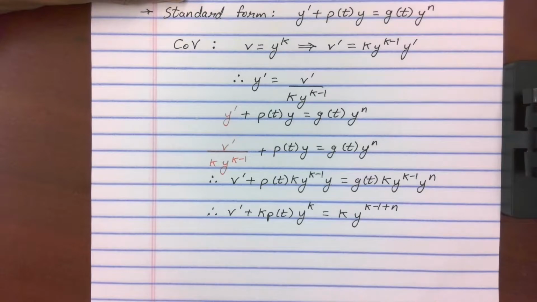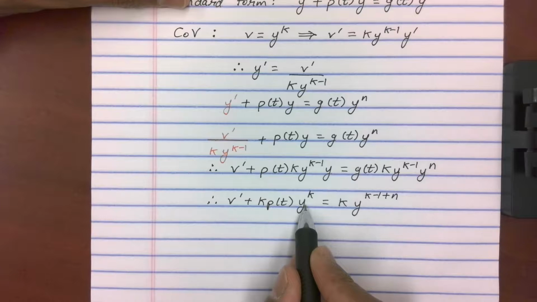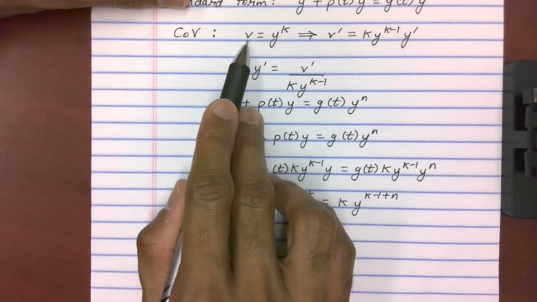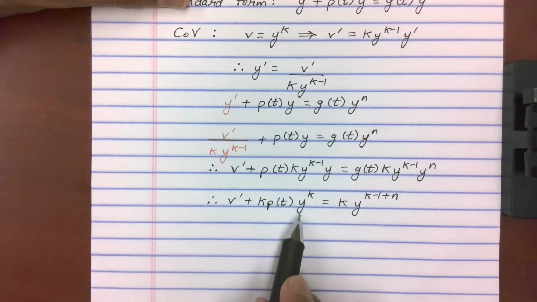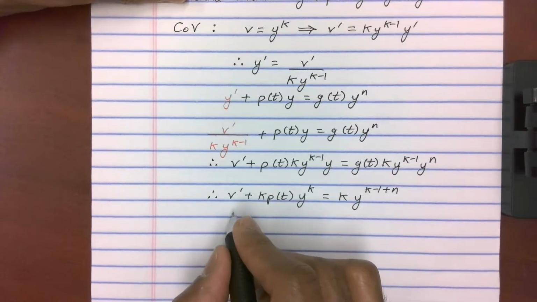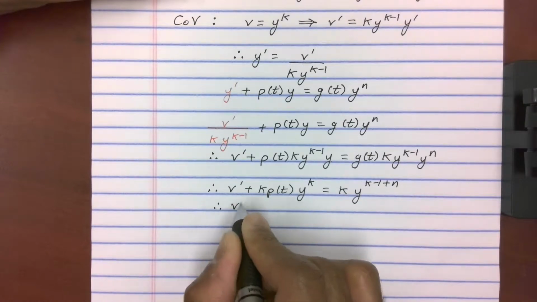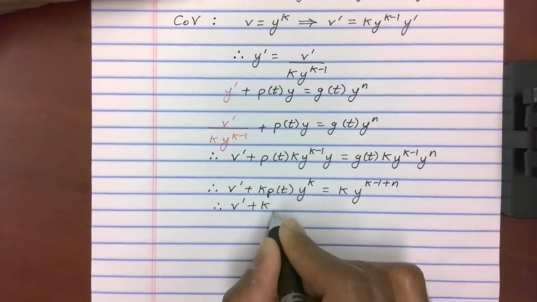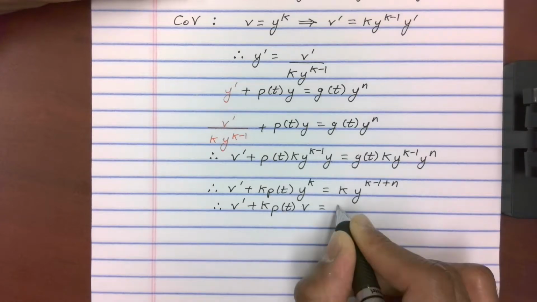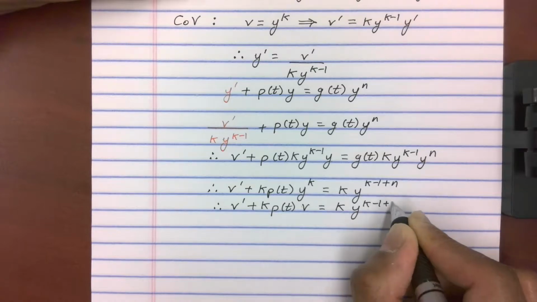Now, one thing to notice here is this y raised to k. If you recall, this was our initial substitution up here, which is v. So I can replace this y raised to k with a v. And so therefore, we have v prime plus k times p of t times v equals k times y raised to k minus 1 plus n.